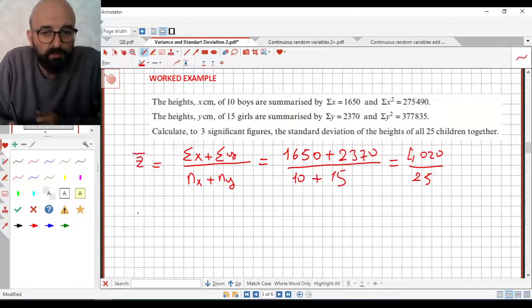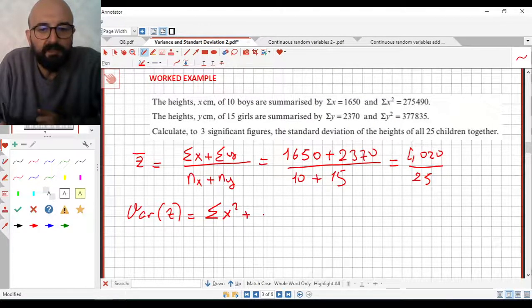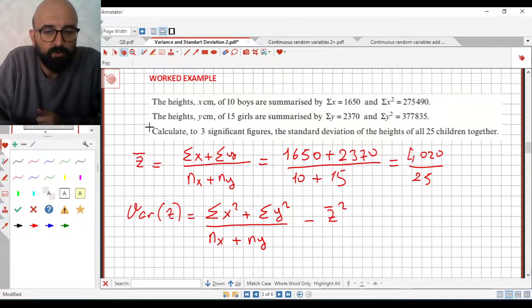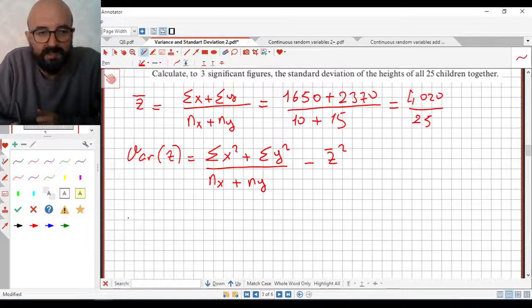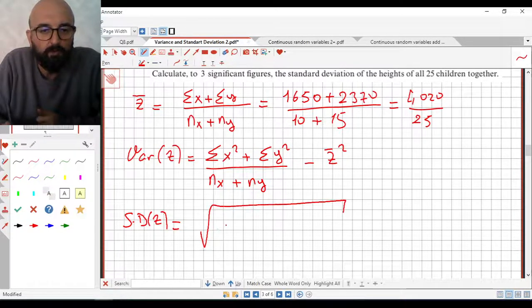And I want the variance of z like this: the sum of x square plus the sum of y square over the number of boys plus the number of girls, minus mean square. And if we want the standard deviation of z, it should be the square root of variance.